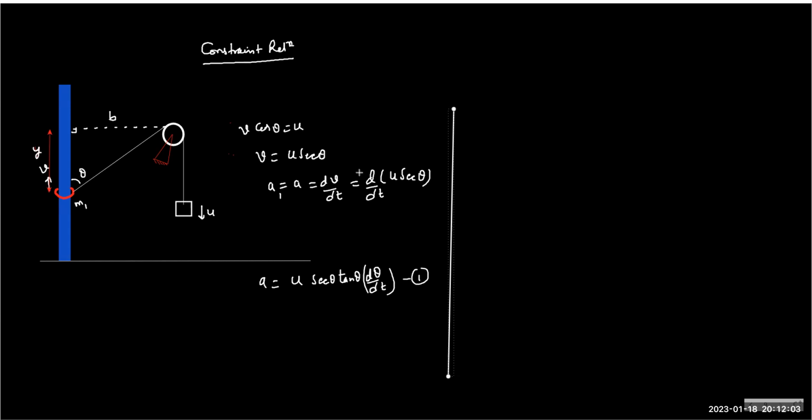So to bring theta into the picture, we have to write some relation between theta, this constant, and this y. So we can write tan theta equals how much from the triangle? It is b by y. So y is how much? b cot theta. So dy by dt is minus b cosec square theta d theta by dt.